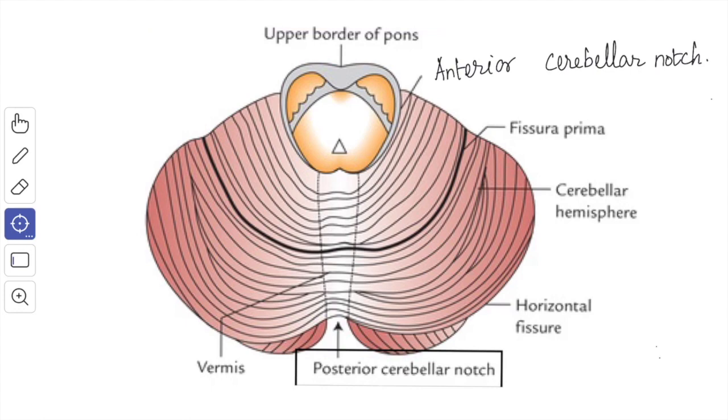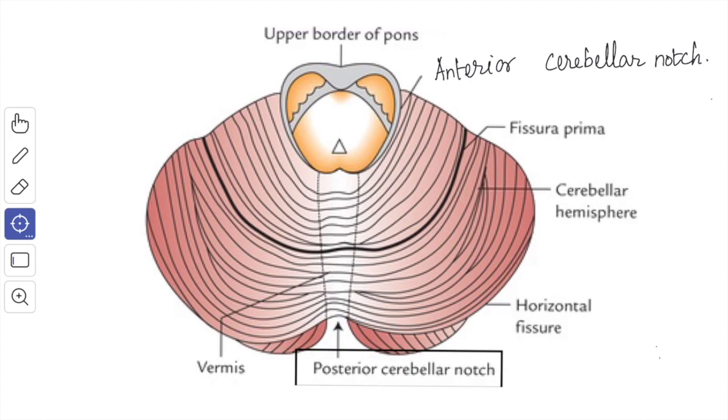The parts are: the cerebellum consists of two large lateral hemispherical lobes, the cerebellar hemispheres, which are united to each other by a narrow median worm-like portion that is called the vermis. The superior and the inferior aspects of the vermis are termed the superior and inferior vermis respectively.